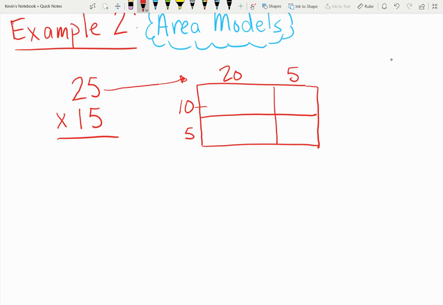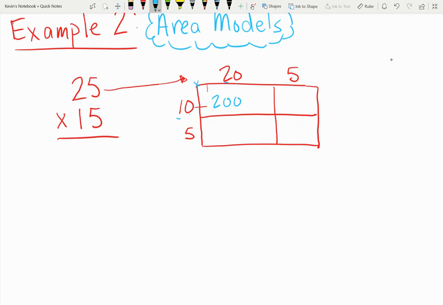So you're going to multiply your first quadrant and then your second, third, fourth. So we'll get started. We're going to multiply 10 times 20. So we know 1 times 2 is 2. Add your 2 zeros, 200.